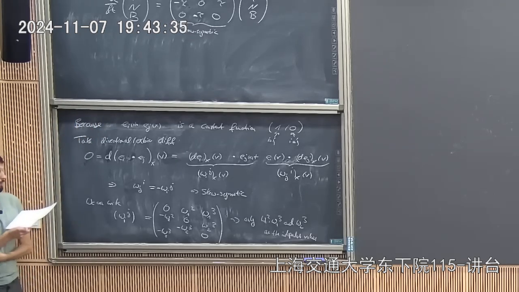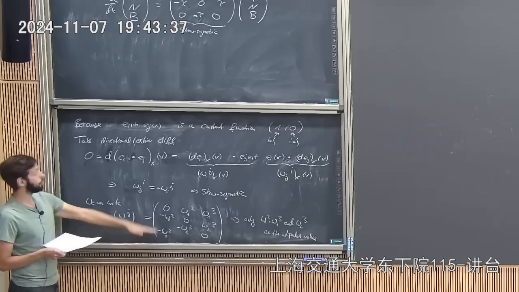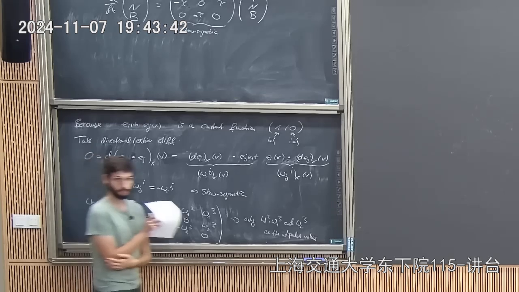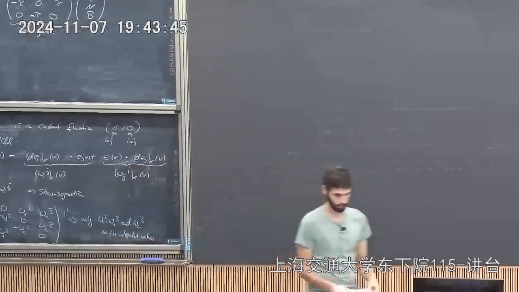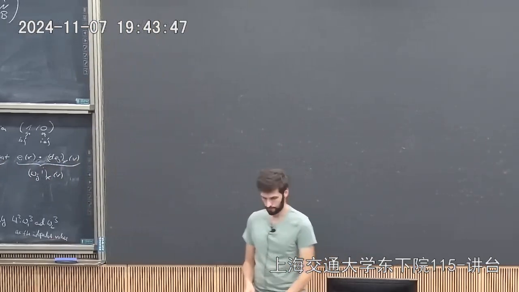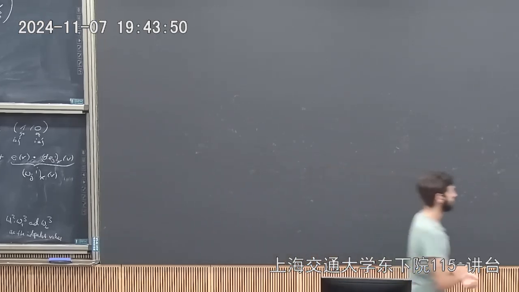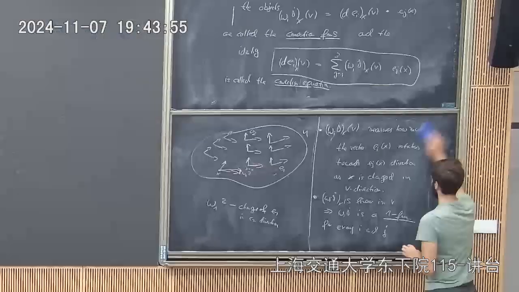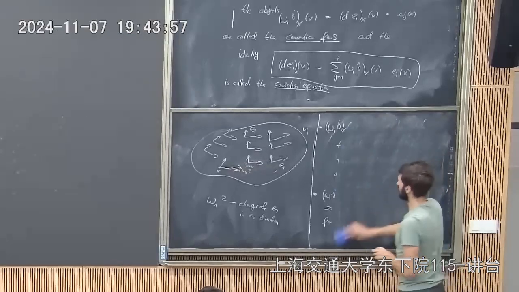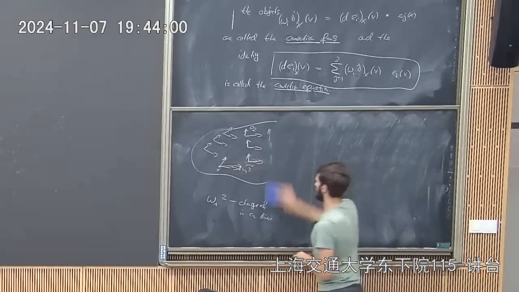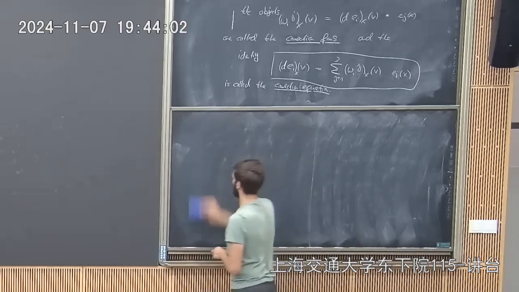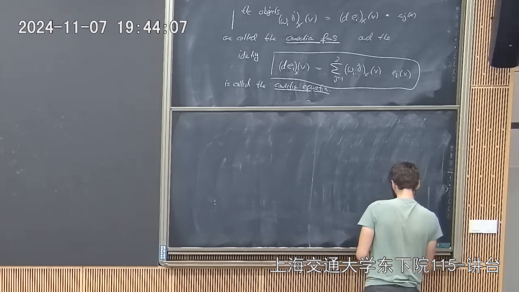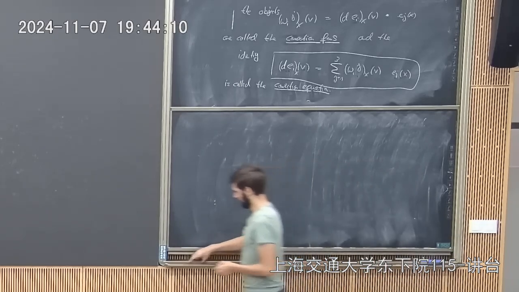So what is the difference between these connection forms and the skew symmetric matrix over there? There are two differences.